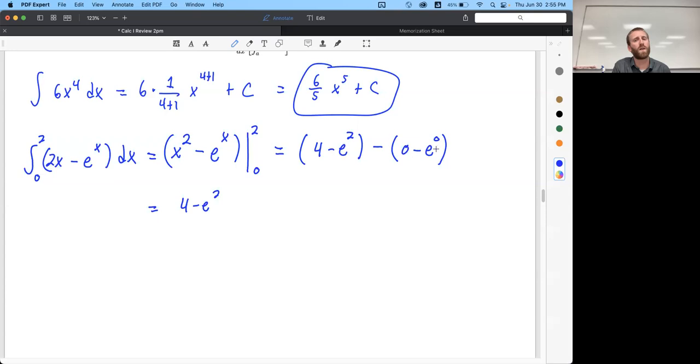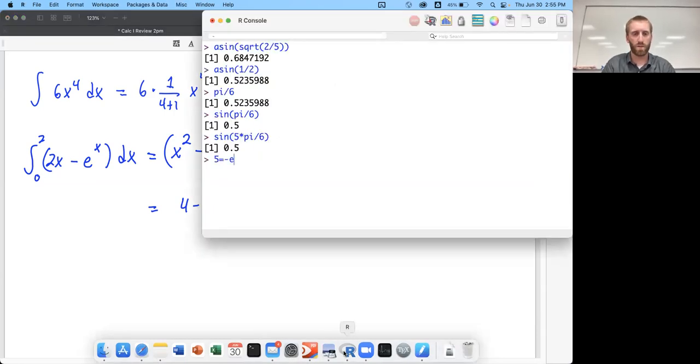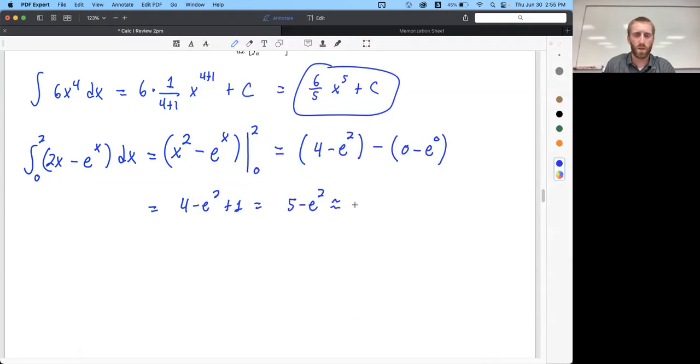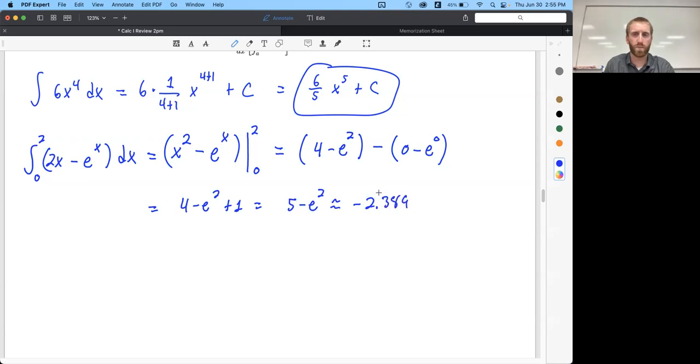E to the 0 is 1, so that's the same as plus 1. Equals 5 minus e squared. And that's approximately equal to, let's see, 5 minus e squared, negative 2.389.